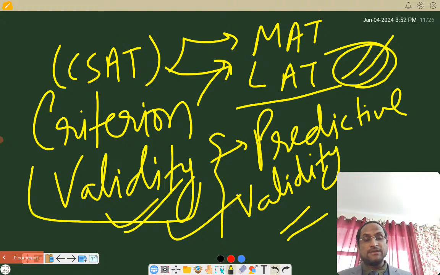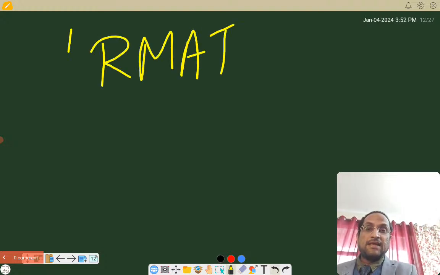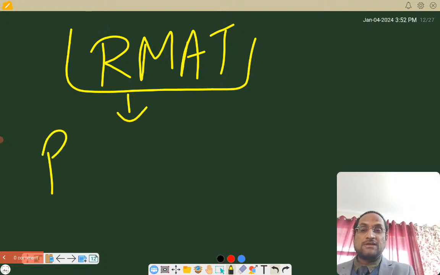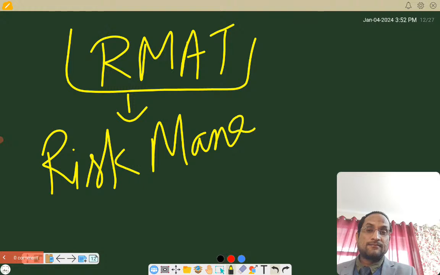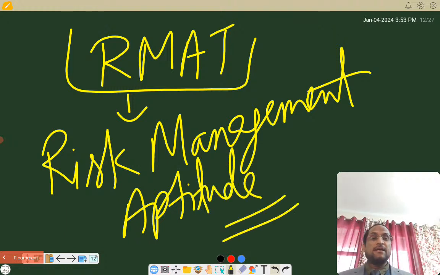Your risk taking abilities will be checked under your entrepreneurship. So risk management ability, it should be able to give us risk management aptitude test, because under the civil services there will be so many risks. And this risk management aptitude is your future aptitude.